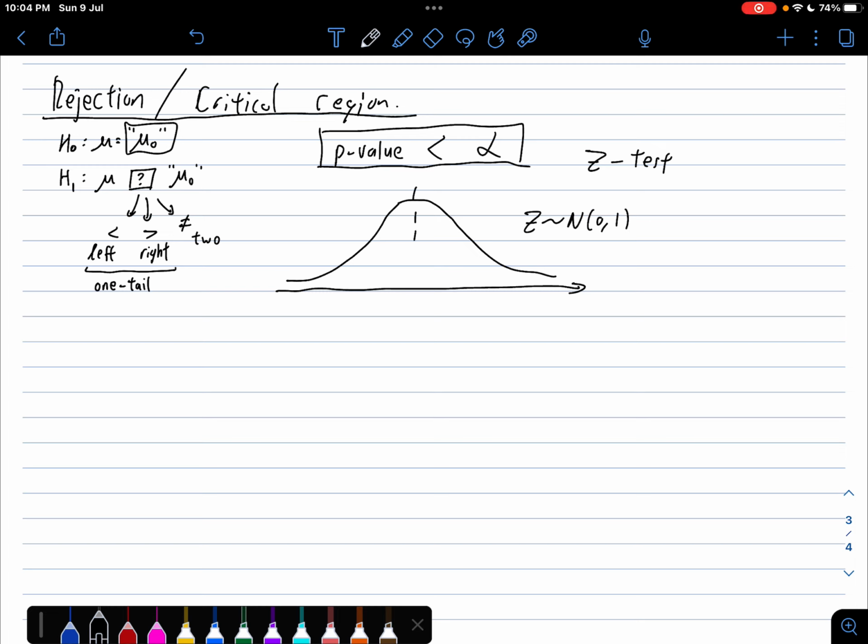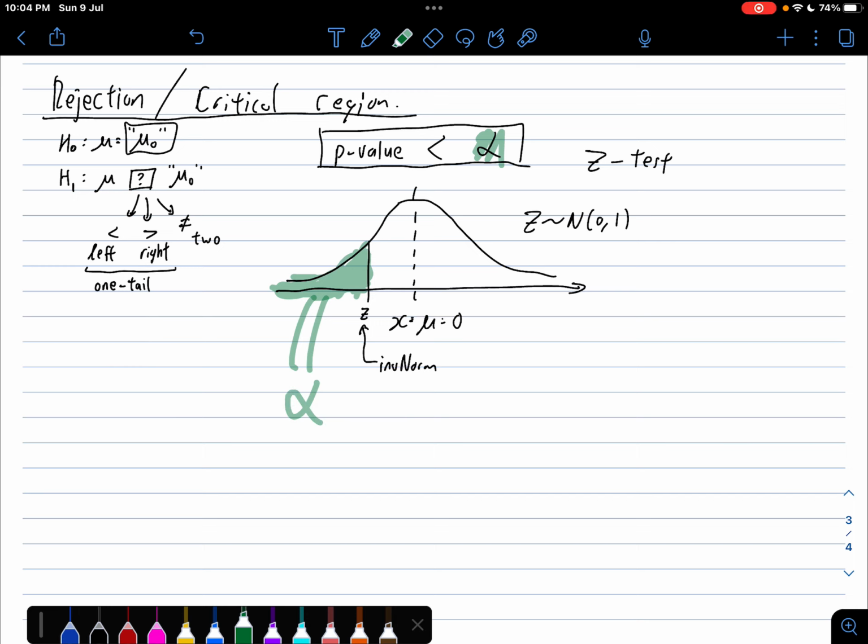So that means the line of symmetry must be x equals mu equals 0. Then alpha will be somewhere, we'll have some corresponding inverse norm value, with area worth alpha amount. Okay, left tail area exactly equals alpha.